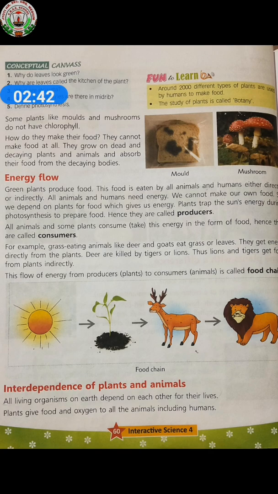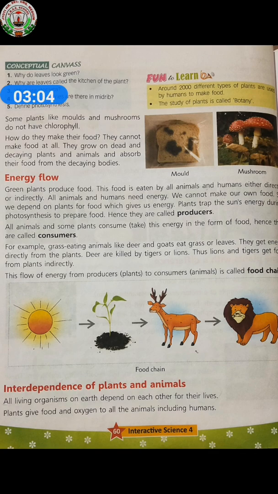Now children, we will start energy flow. So what do you mean by energy flow? See the book. Green plants produce food. This food is eaten by all animals and humans either directly or indirectly.